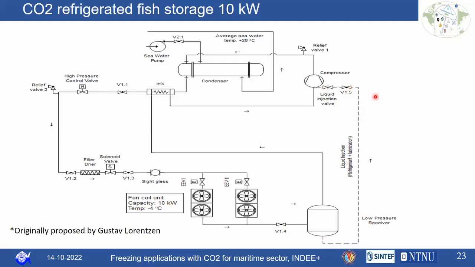By the liquid injection, the temperature of the CO2 compressor can be brought down, and along with the liquid injection, the lubricant oil will also move into the compressor. With this arrangement, we can have a cost-effective, simple system for the fishing vessels. That is also proposed under this INDE plus project. So these are the 2 demonstration sites which we will be installing in future under CIFT.